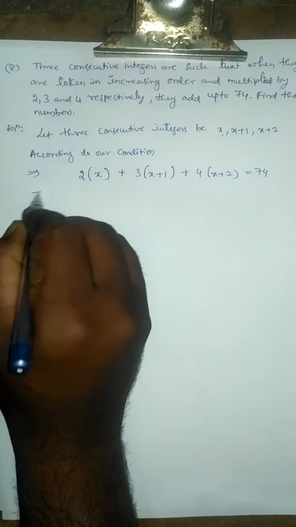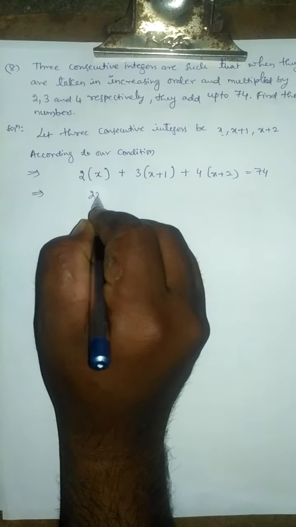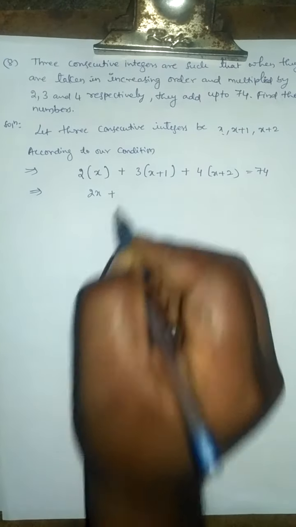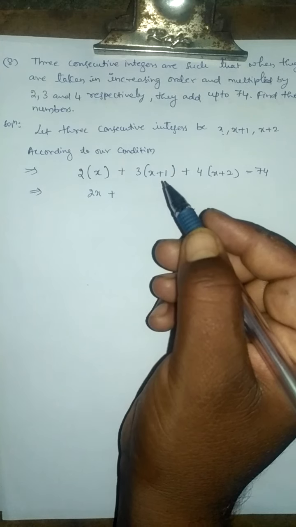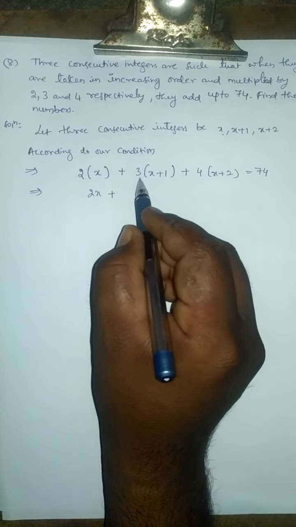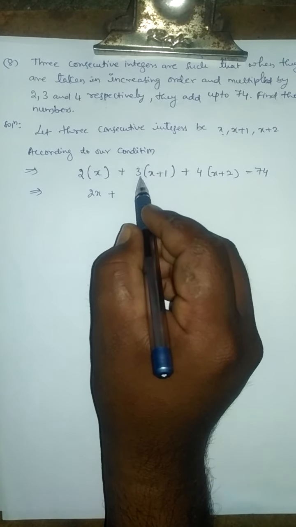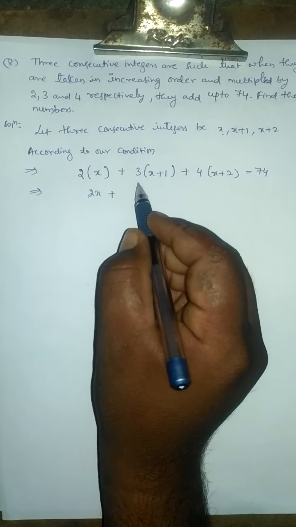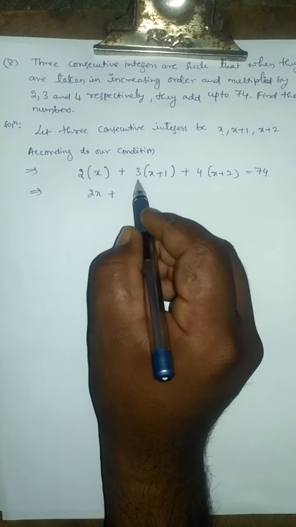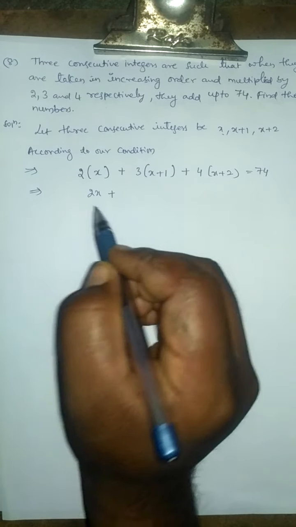We have to simplify, which implies 2 into x, 2x. This plus I wrote as it is. Here all are positive signs only, so no need to worry, it is easy to simplify. So 3 is a monomial, we have to multiply with this binomial. According to the multiplication of monomial with binomial, 3 should be multiplied to all terms of the bracket.